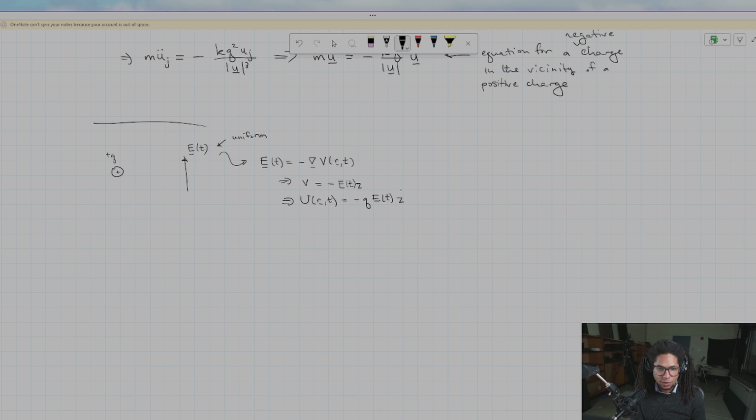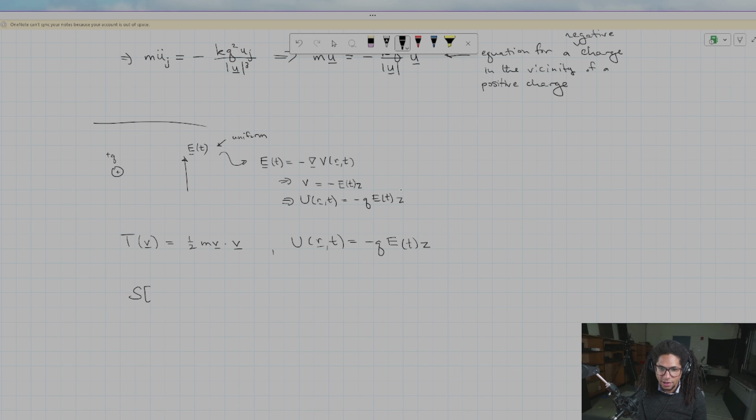All right, let's see what happens in this case. So I still have that T, which is just a function of v, still in 3 dimensions, is 1/2 m v dot v. I now have my U. I'll just copy it from above. And I want to stick these together and see what I get.